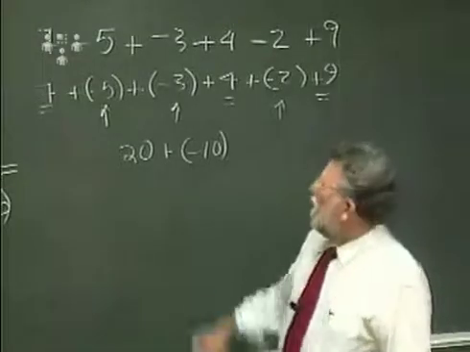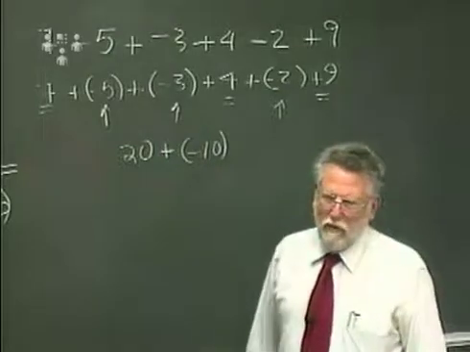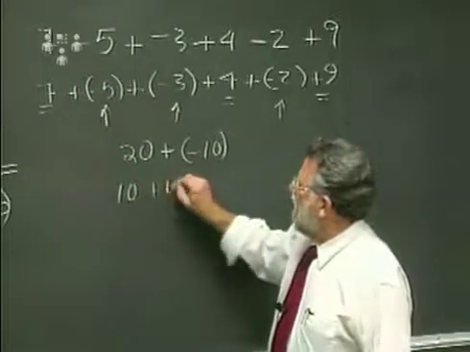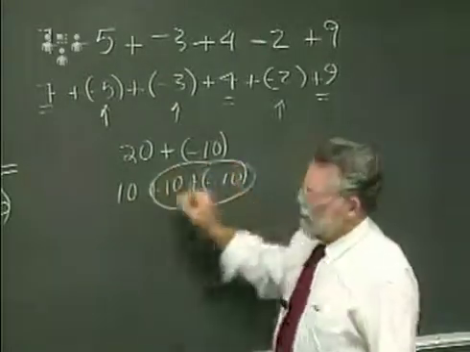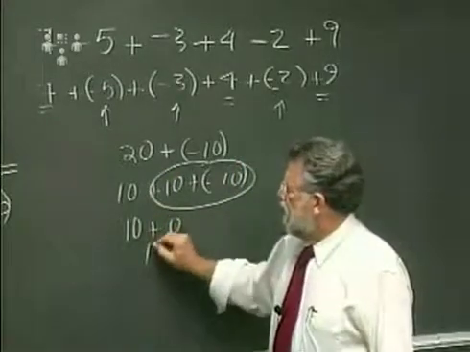Then you understand, if you wish, you can write that as 20 minus 10, which gives you 10. Or you can say that's 10 plus negative 10, but I know this by a number and its inverse gives me 0, and I get 10.